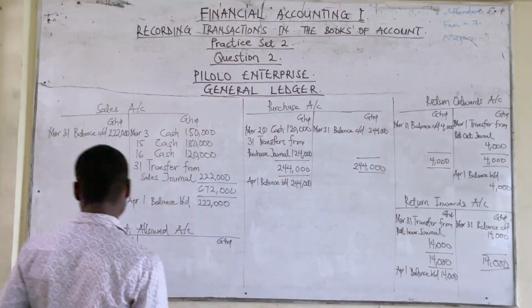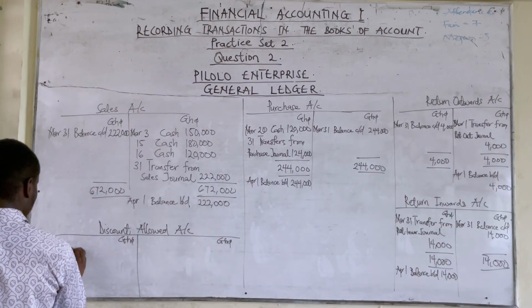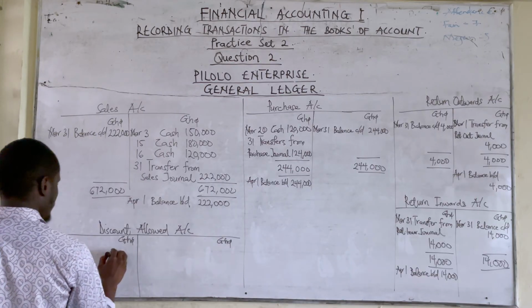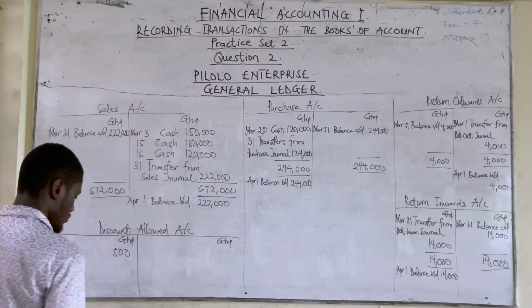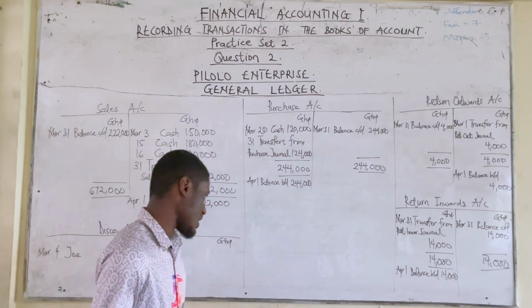So March 4th. Good. There was no discount allowed again. That was the only discount. So we just close the account.